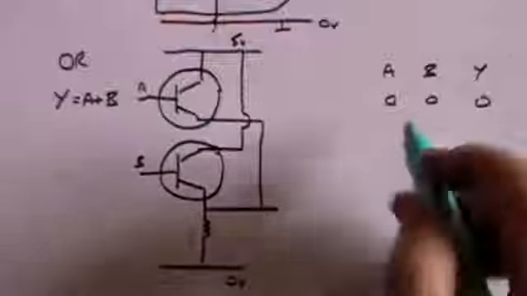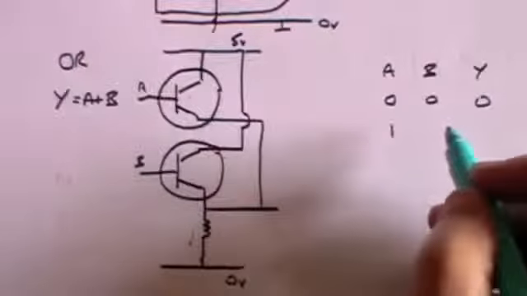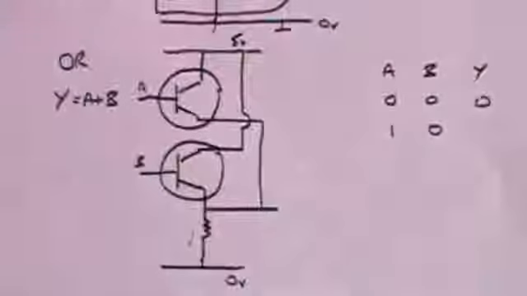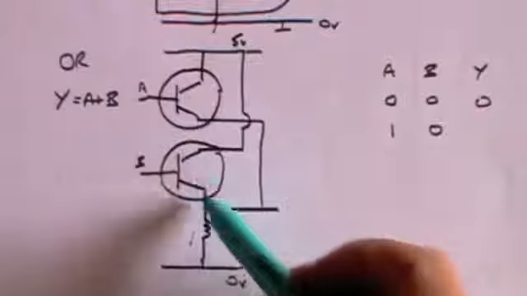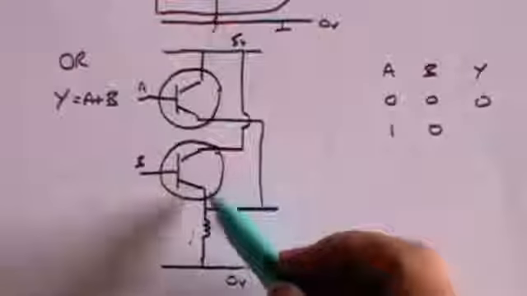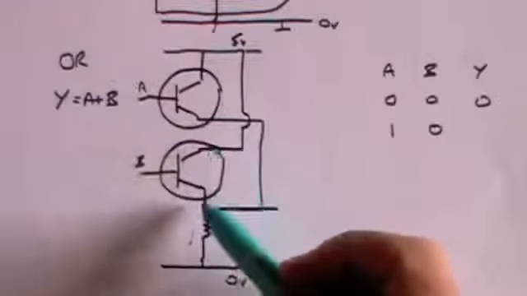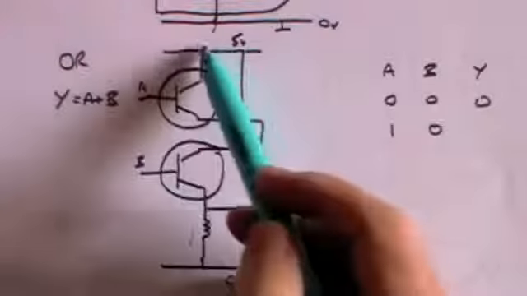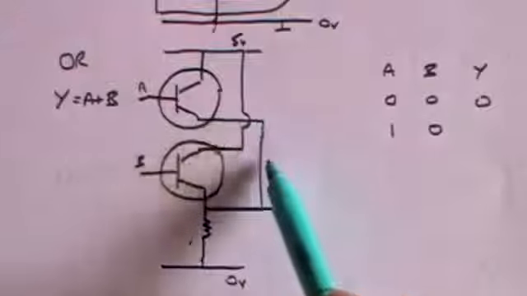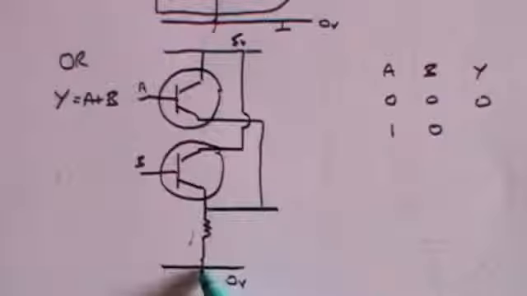Now what happens if A is 1, in other words, if A has a positive voltage but B doesn't? Well, let's do B first of all. B, no current flows, so consequently nothing happens as far as B is concerned. But if A has got a positive voltage here, a current flows through the transistor and right the way down to the 0 volts.